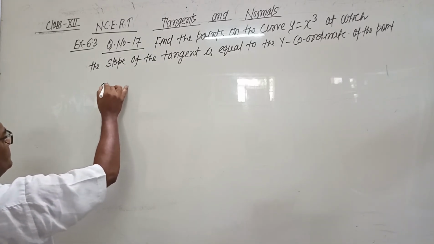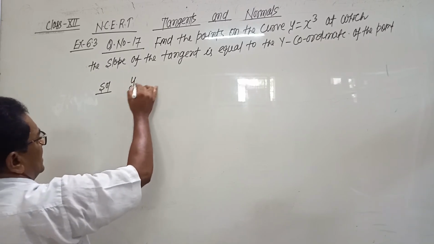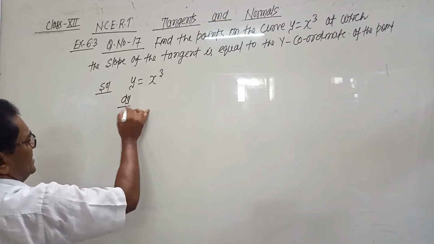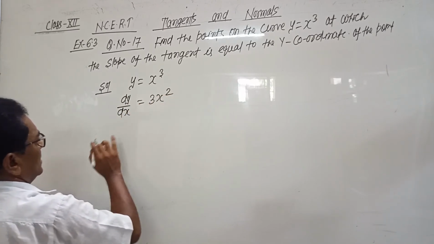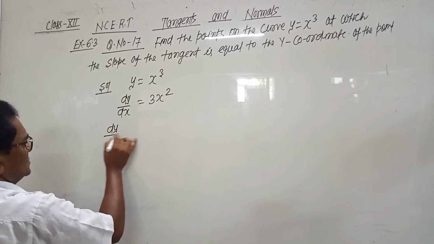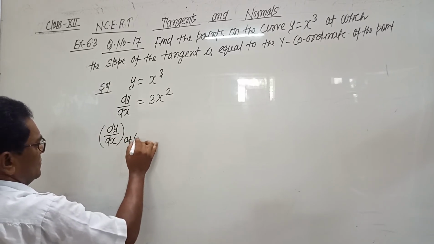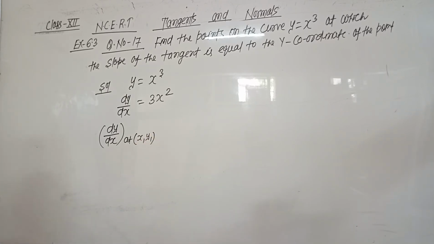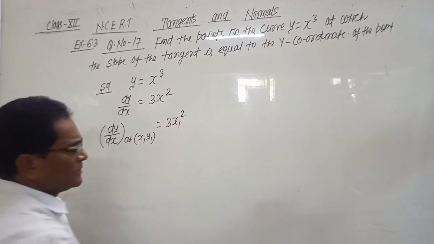So we differentiate the curve y equals x cube, and dy by dx equals 3x square. Now dy by dx at the point (x1, y1) comes to be 3x1 square.